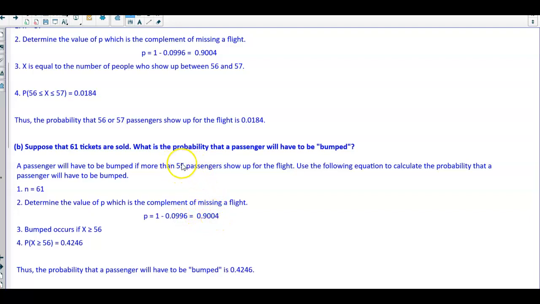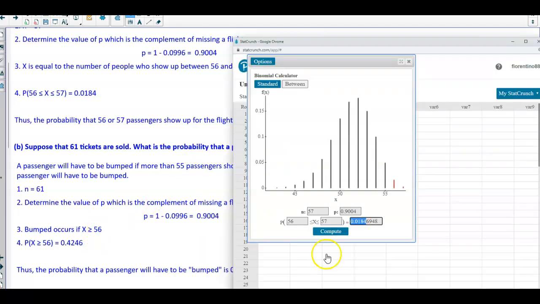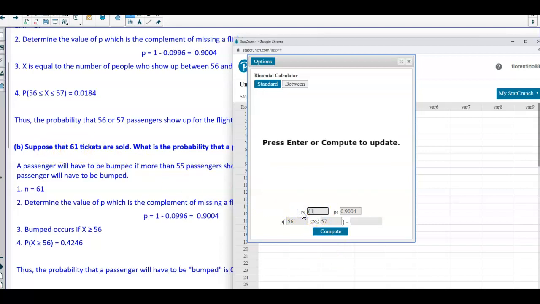Now, if only 55 passengers are allowed to show up for the flight, that's all the seats they have, so bumping occurs when x is greater than or equal to 56. So now we're going to come back to this calculator. Now n is going to change to 61 because that's how many tickets are sold.